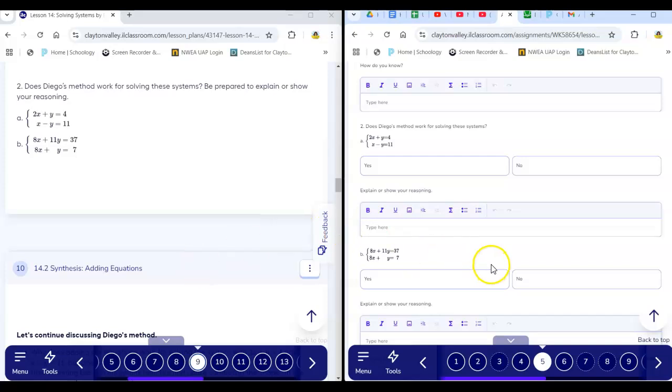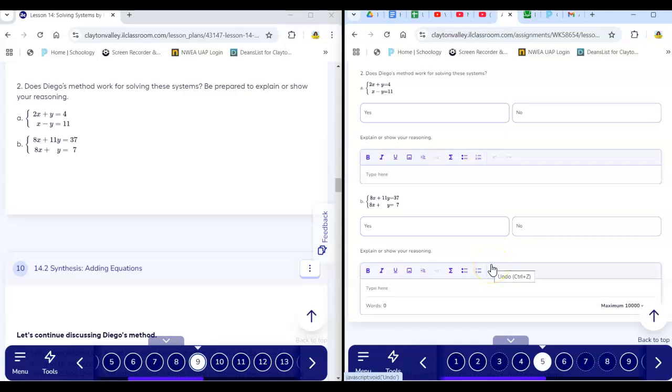So now they're going to give you another two systems. And they're going to ask you, hey, can you do what Diego did for this system up here? Okay. And can you do what Diego did to solve B?